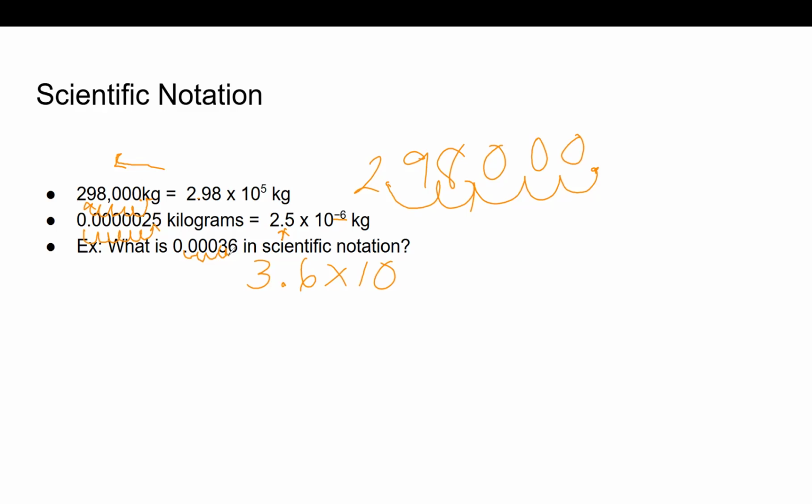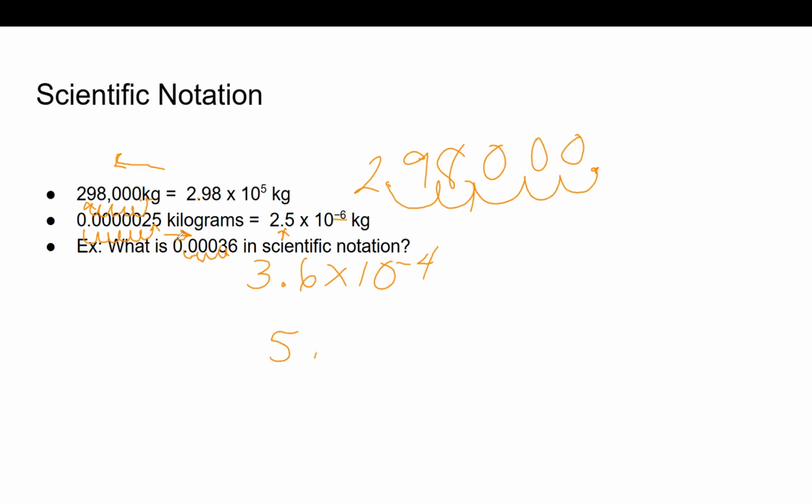Is it going to be negative or positive 4? Which direction did you move it? We moved the decimal to the right. If we move it to the right, it's negative. So it becomes 3.6 times 10 to the negative fourth.